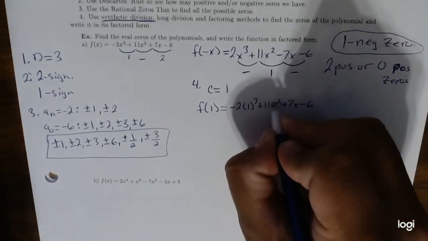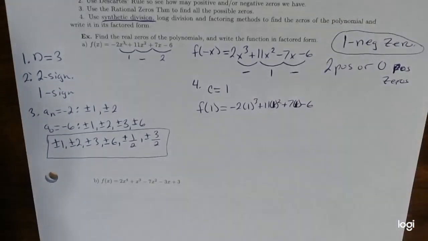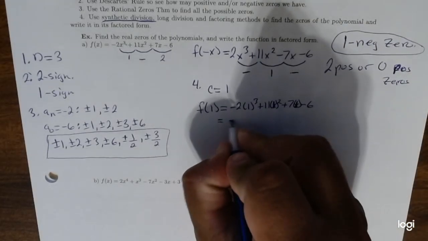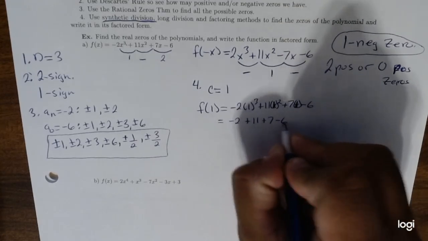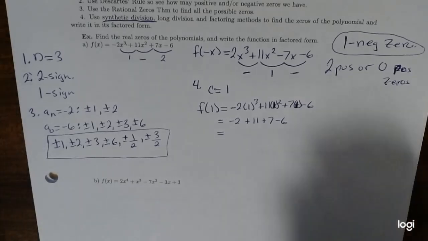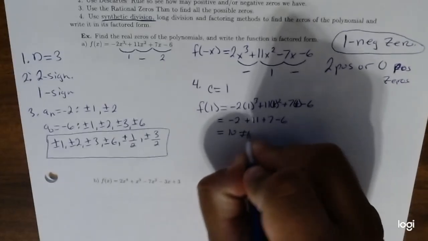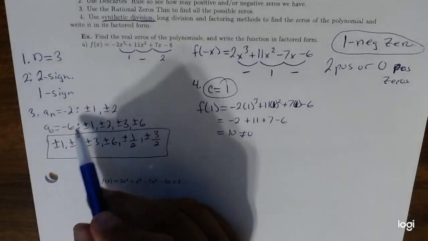So this gives us negative 2 plus 11 plus 7 minus 6. Does that give us 0? No, it doesn't. It gives us 10, I believe. So it's not 0. Therefore, 1 is not a factor of this polynomial. So basically, I can go back to my list and just cross out 1.